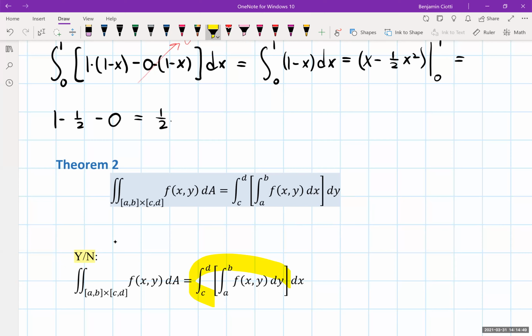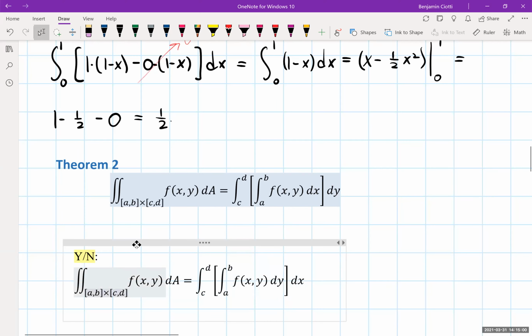This formula right here is the same formula as above, except I flipped x and y. So yes or no, is this new formula true?